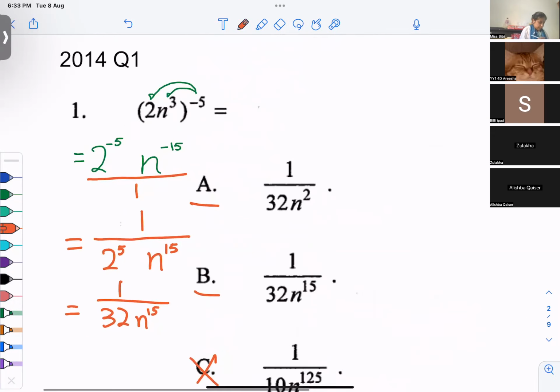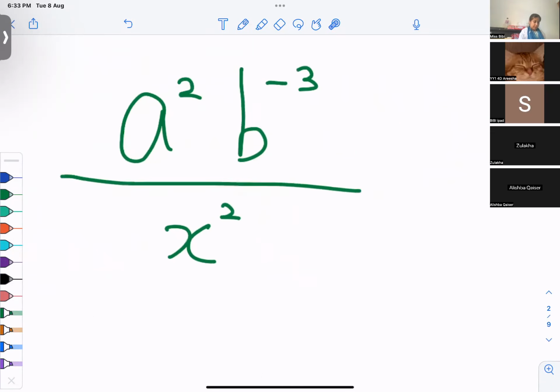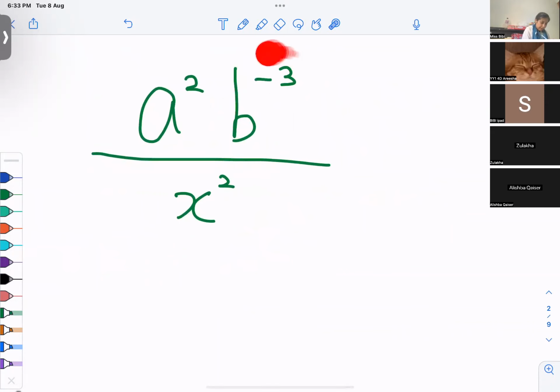So what I mean is, if you try this one, what will be the next step for this? You will have to see if any of the unknowns are having negative powers. The B here is having a negative power.